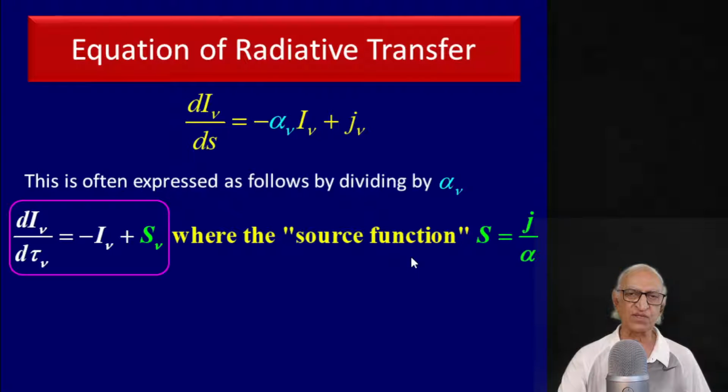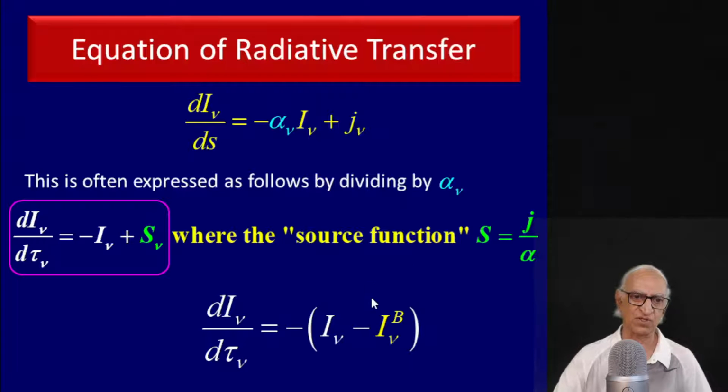Having introduced this notation of the source function, I'm going to change the symbol for it, and call it I nu b. That is the specific intensity corresponding to the body through which the radiation is going.